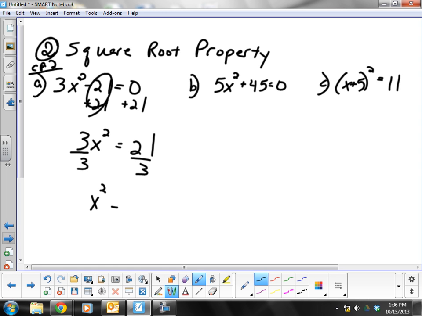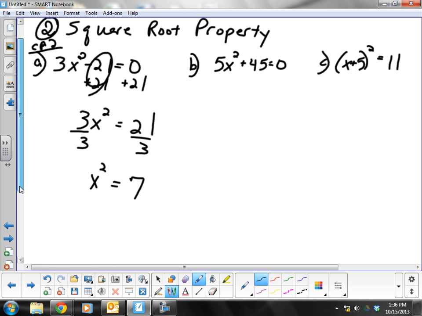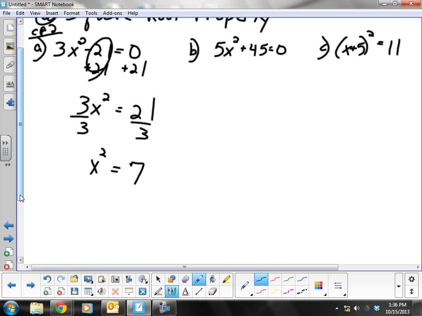So x squared is equal to 7. Right now I'm just at a positive 7. But the very next step, I've got to take the square root of both sides. When I take the square root of both sides, that's when I put my plus or minus. And this will be my answer because this cancels out and I'm left with just x equals a positive or negative square root of 7.